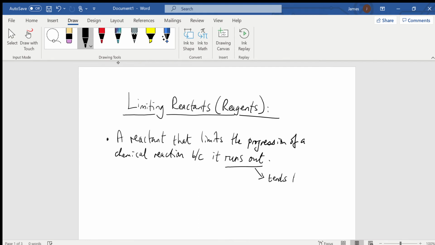Not "tends to", I'm being all mathematical here. It reaches zero quantity. So it just runs out, reaches a zero quantity.